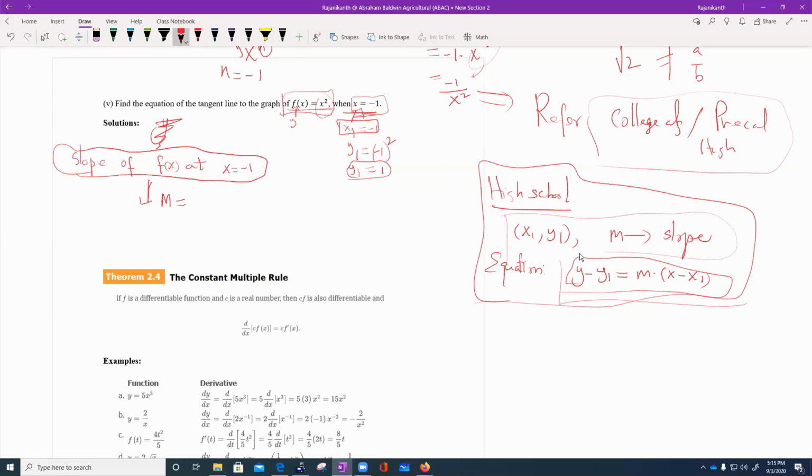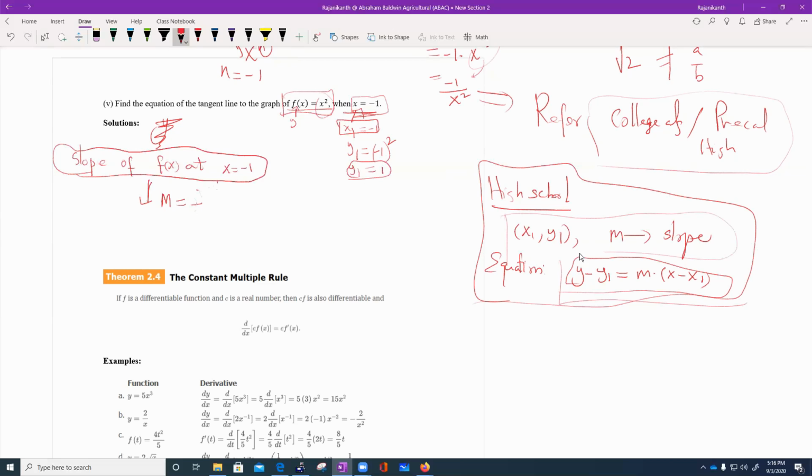Could you connect the derivative with the slope? The derivative of the function at -1 is nothing but the slope of the function at -1.